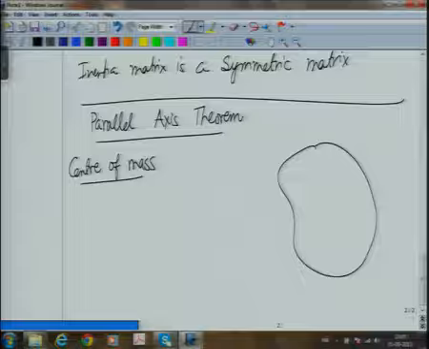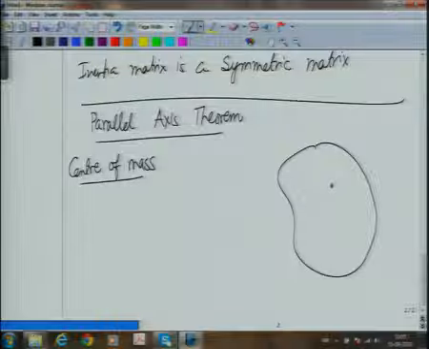Now we will talk of a special point, the center of mass of the body.